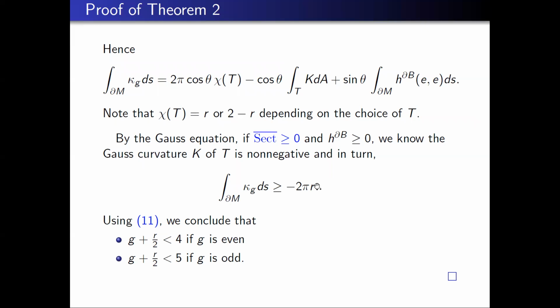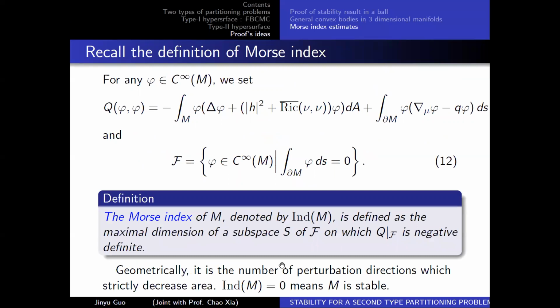Here r is the number of boundary components of M. Now we use 11. We can imply the following inequality. So Theorem 1, Theorem 2, and Theorem 3 are finished. Now we prove Theorem 4.